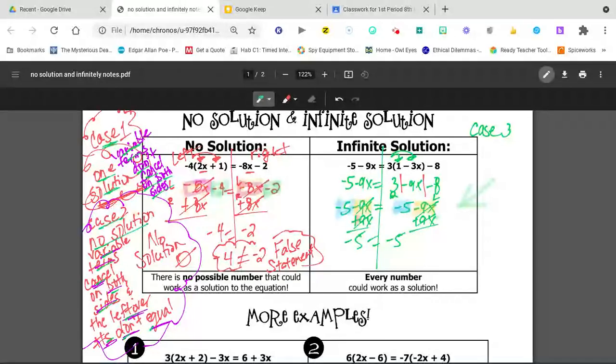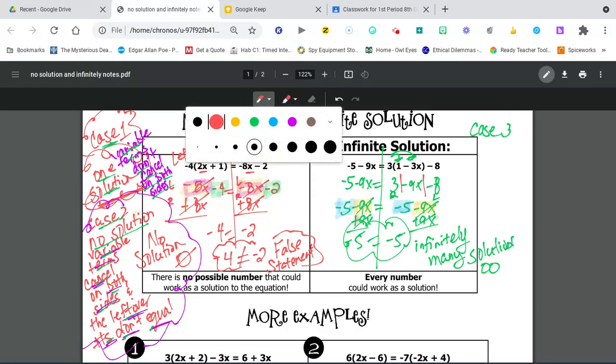So in this particular case, where the numbers that are left over are equal, we say it's infinitely many solutions, guys. And instead of writing that out in words, sometimes we write the little sideways 8. It's an infinity symbol. Okay? Infinitely many solutions.